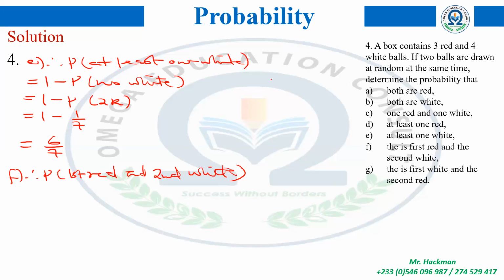So I was thinking that it will be 3 combination 1, for the red, over 7 combination 1, times 4 combination 1 over 6 combination 1. How come 6? Well, because the 4 should reduce after picking the red one.